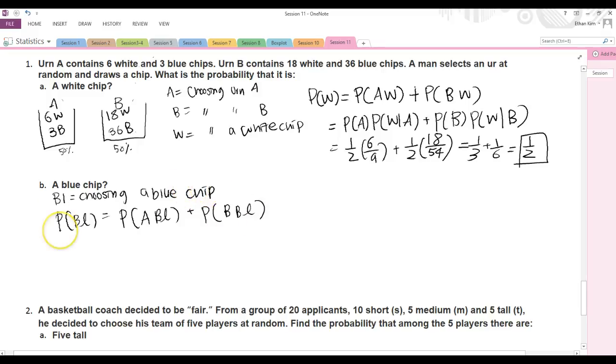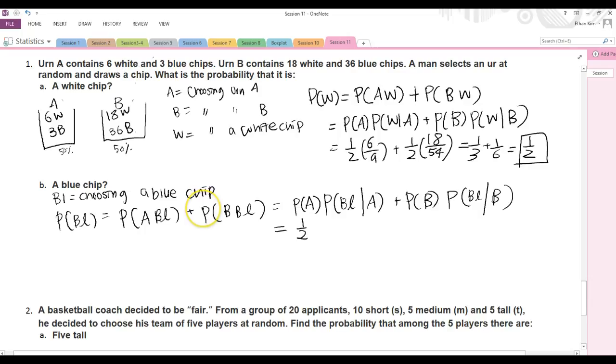Again, we can rewrite this using Bayes' theorem. So this is going to be the probability of A times the probability of choosing blue given that we're in urn A, plus the probability of B times the probability of blue given that we're in urn B. Okay, so the probability of A is always 1/2.